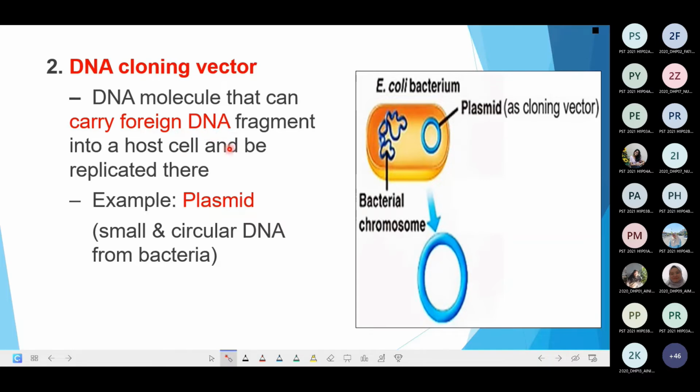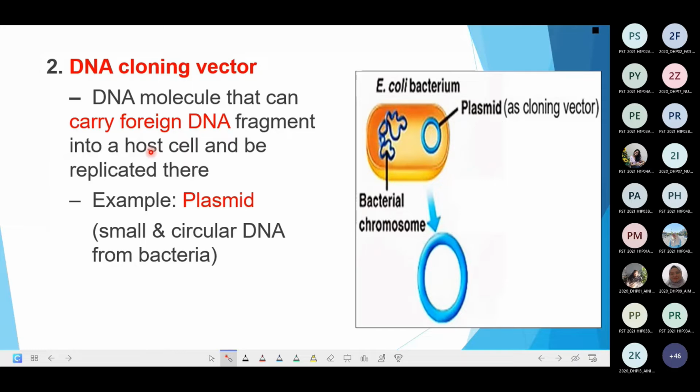Okay, so you must understand. If you have watched the video, you will see that in order to make many copies of this particular gene of interest, we will need to put this gene of interest into a cell that will be able to reproduce rapidly.